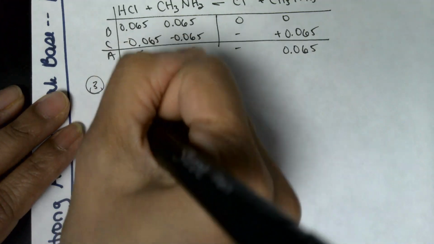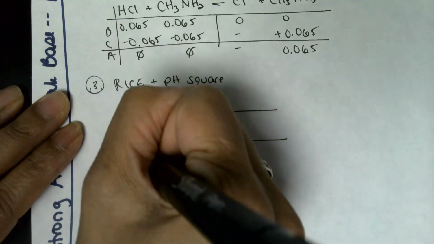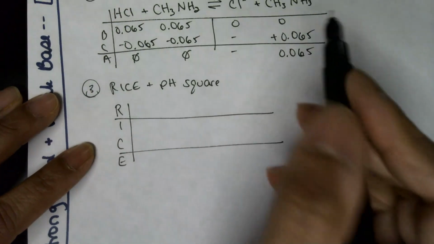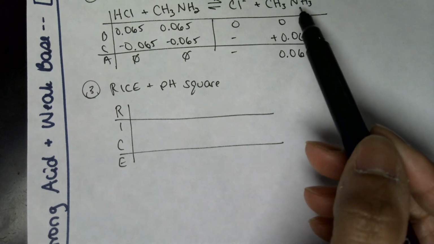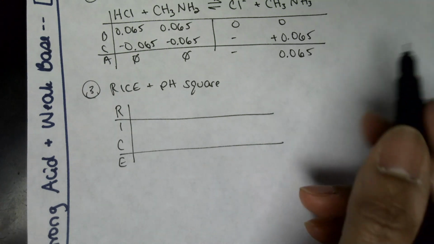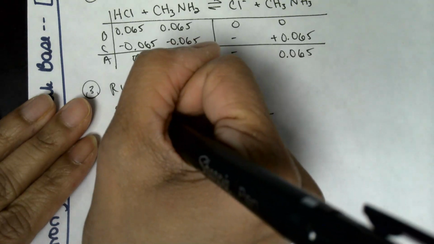So let's take our ICE table. This time I'm going to take this conjugate acid and I'm going to add it to water so we can kind of see at the end how much of the H3O plus we end up having. So again, this part's a little different.